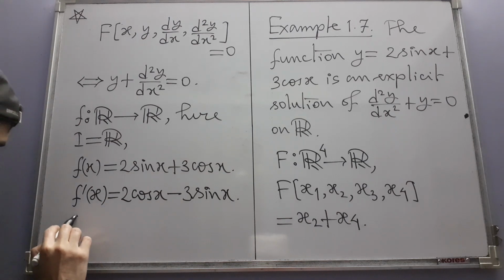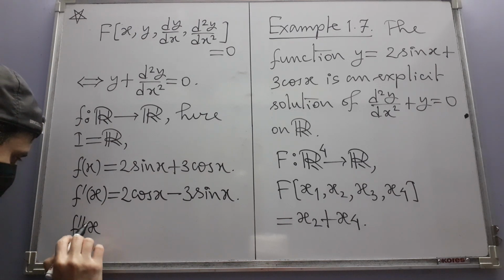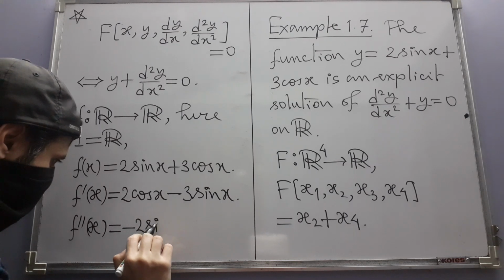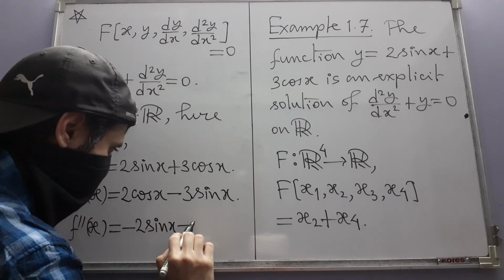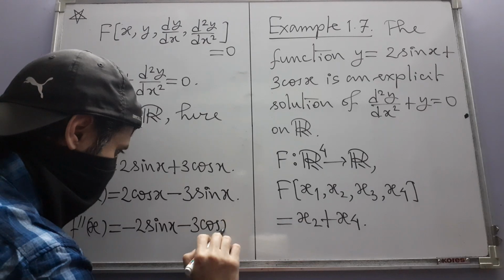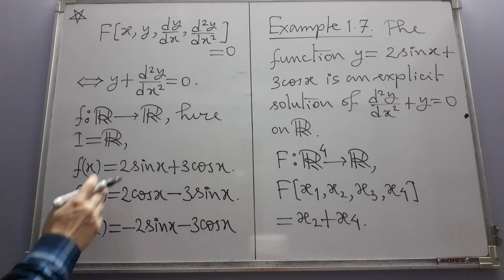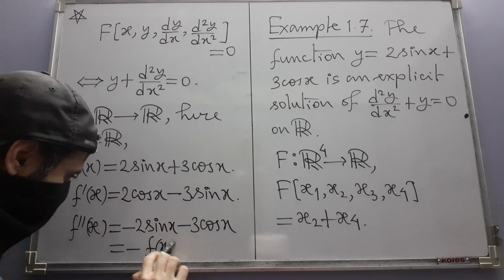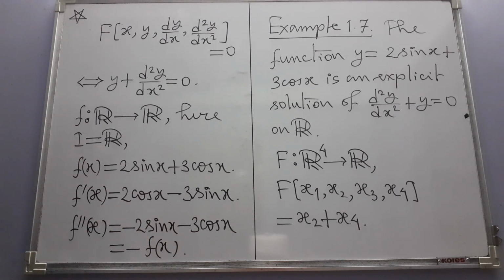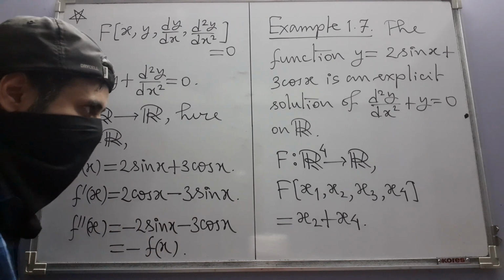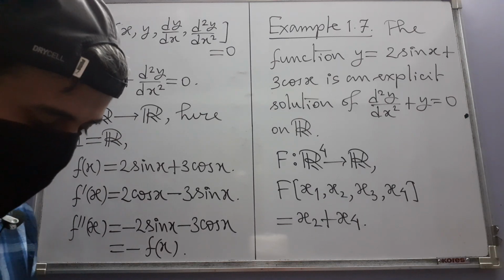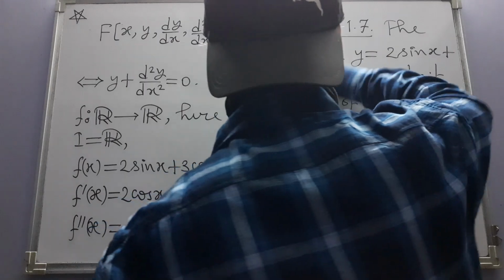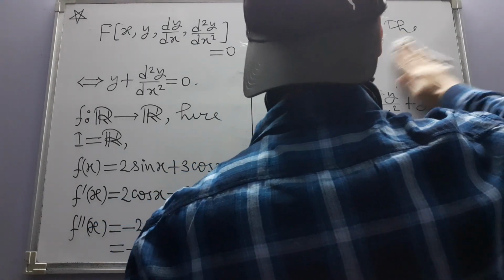And you can differentiate once more. Minus 2 sin x minus 3 cos x. So you can clearly see that you are getting minus f of x, which means that the sum of f of x and its second derivative is equal to 0.